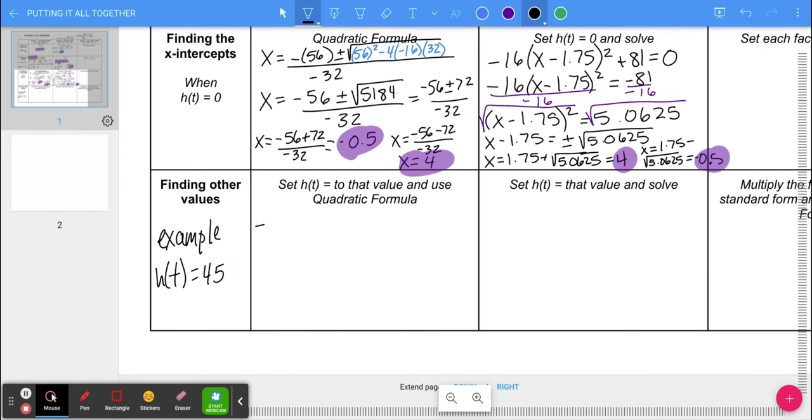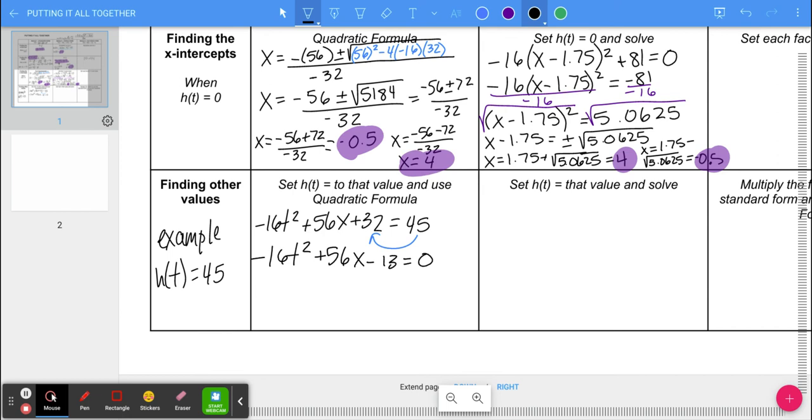You would set your equation equal to 45. Get it into standard form, so that would mean subtract that 45 over to the left-hand side. And then you would just use the quadratic formula again to get your two solutions.